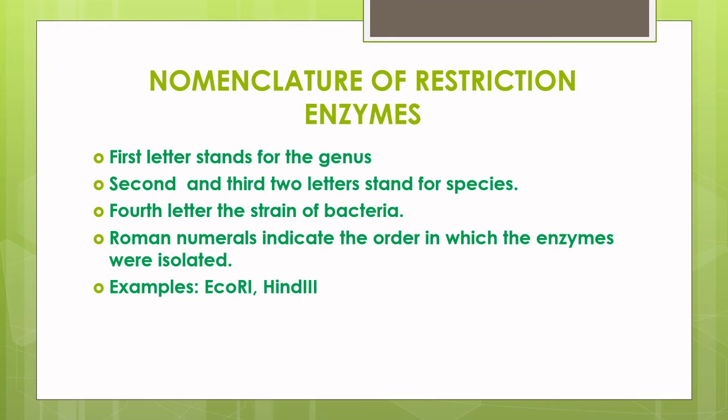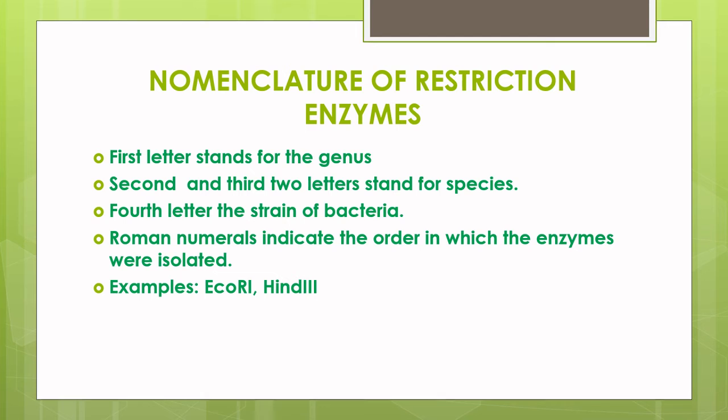So now let us look at the nomenclature of restriction enzymes. The convention for naming these enzymes is that the first letter of the name comes from the genus, and the second and third letters come from the species of the prokaryotic cell from which they were isolated. For example, the enzyme EcoRI comes from E for Escherichia and co for coli, and RY13.